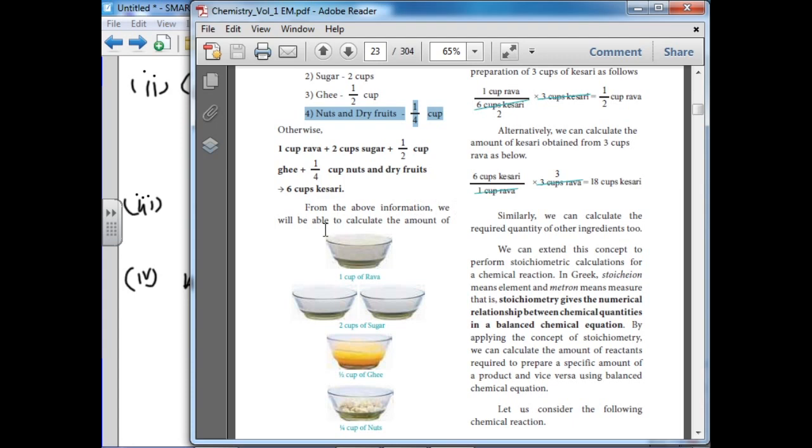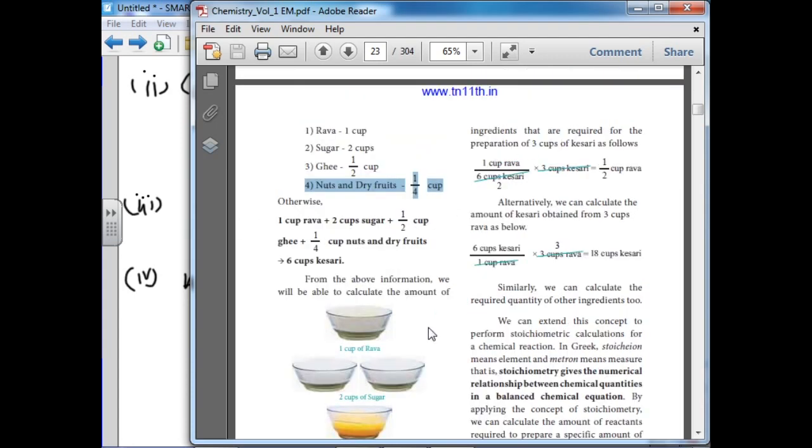From the above information, we will be able to calculate the amount of ingredients required for the preparation of 3 cups of kesari.